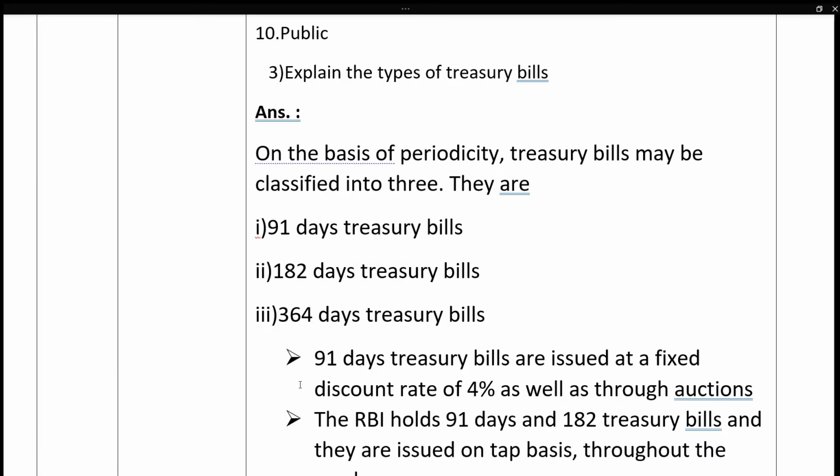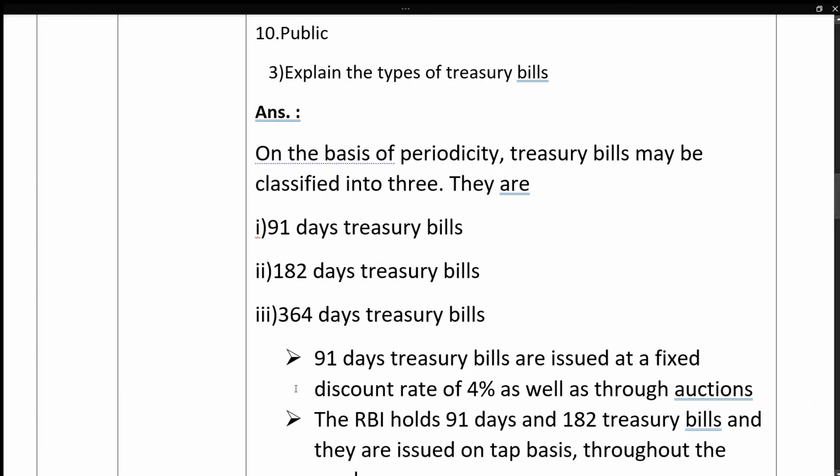If you have to remember these days, you remember 91 days. If you double that, you get the second type. And if you double 182 again, you get 364, or otherwise you multiply by 2. 91 into 2 is 182, and then multiplied by 2 is 364. So these are the three types of treasury bills in the market.